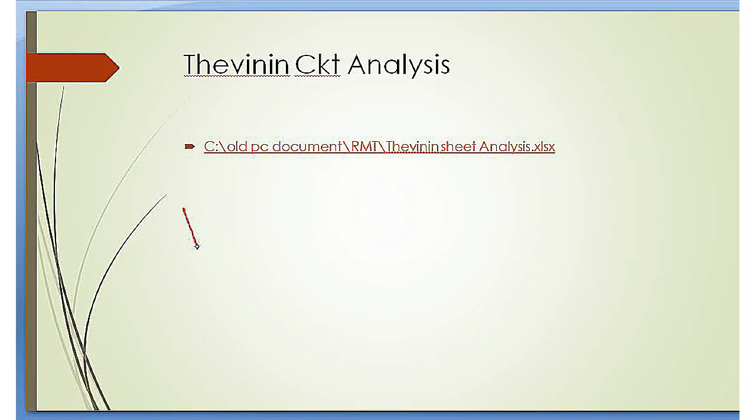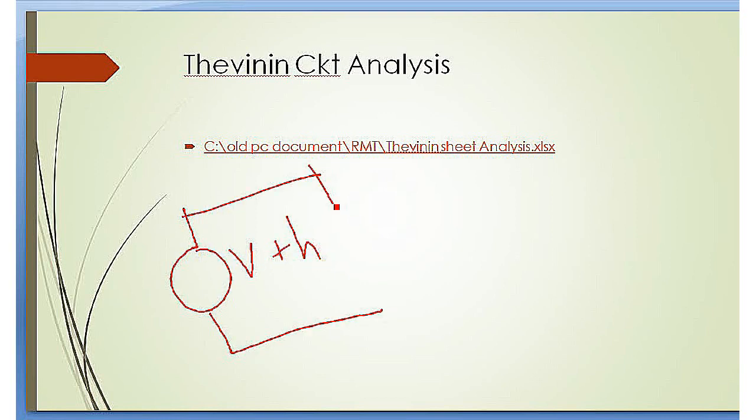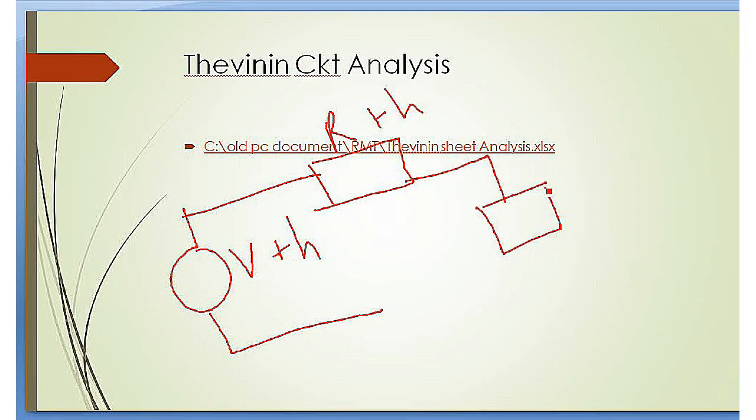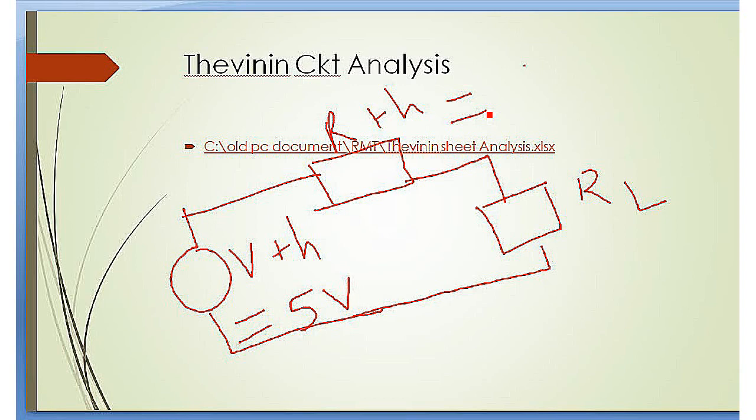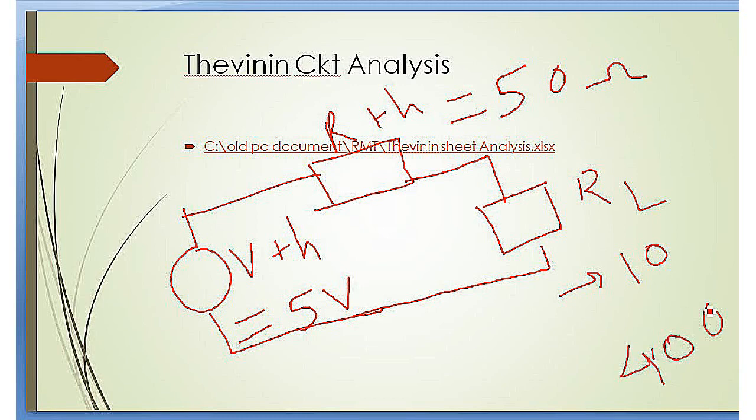To explain this condition, this is your VTH circuit, then RTH and your load RL. Now consider VTH is 5 volt, RTH is 50 ohm and RL we are going to vary from 10 to 400.